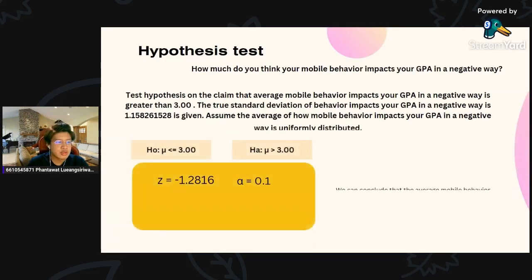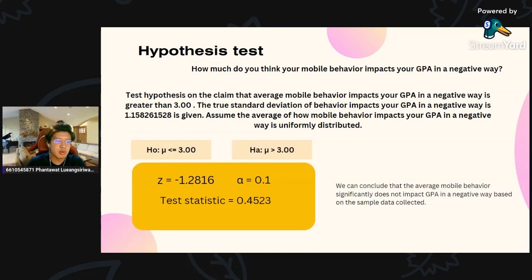And the last question, how much do you think your mobile behavior impacts your GPA in a negative way? The test hypothesis only claims that the average mobile behavior impact on your GPA in a negative way is greater than 3.00. The standard deviation of the question, 1.158, is given. And we assume that the question is uniformly distributed.